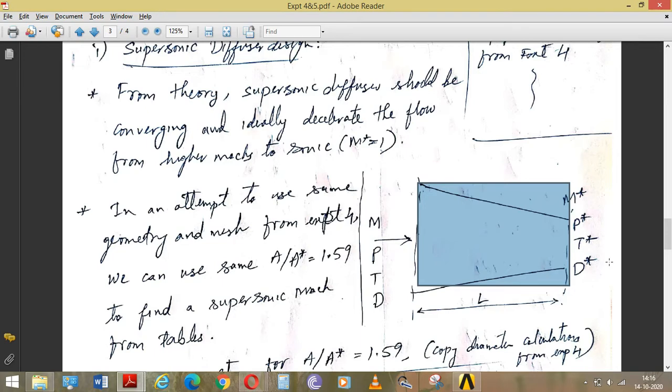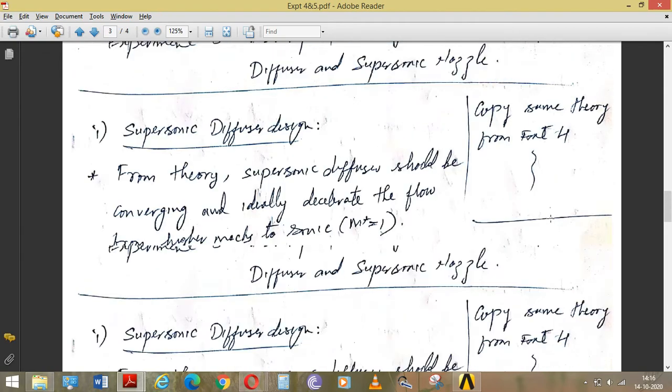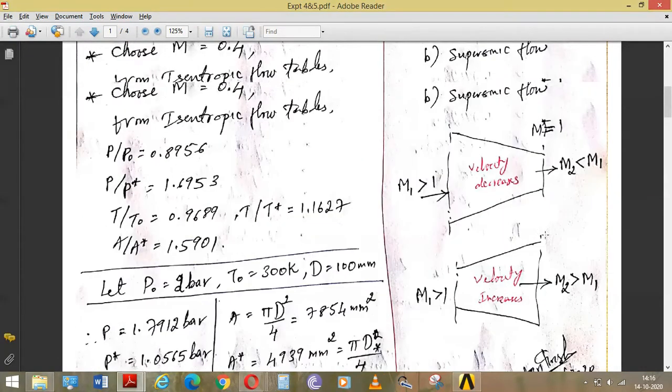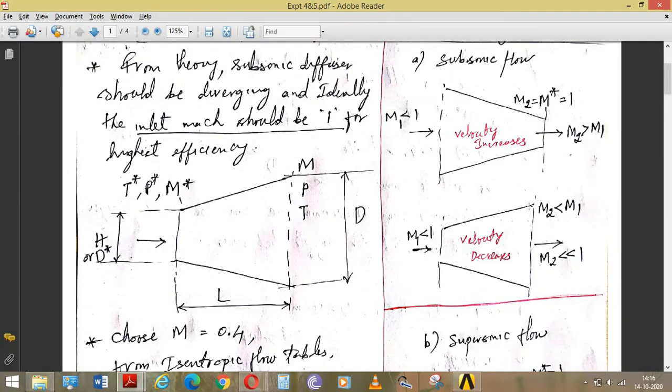If you want to decrease the Mach number further, you have to change the cross section, that is, the area ratio has to be positive. The duct has to diverge and become a subsonic diffuser, to further decrease the Mach number and the velocity.